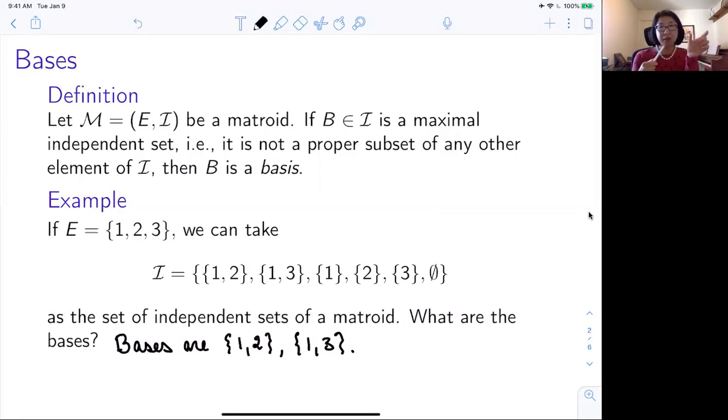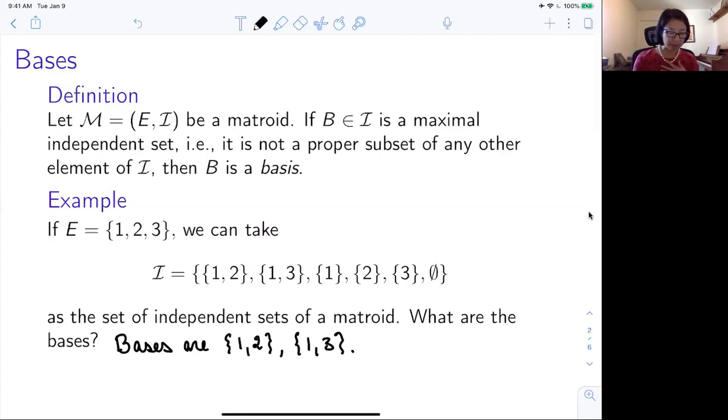And then I'll know those are maximal independent sets. And by property 1 of our definition of matroid, I'll know that all of the subsets of the set {1, 2} have to be independent, and all of the subsets of the set {1, 3} also have to be independent. So specifying the bases of a matroid is more efficient than specifying all of the independent sets.